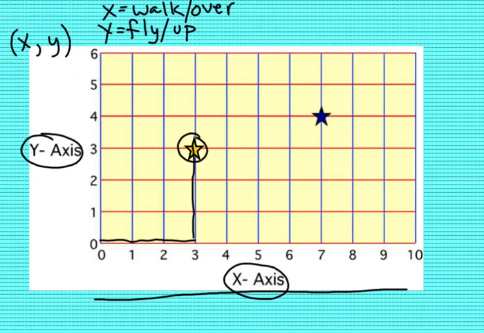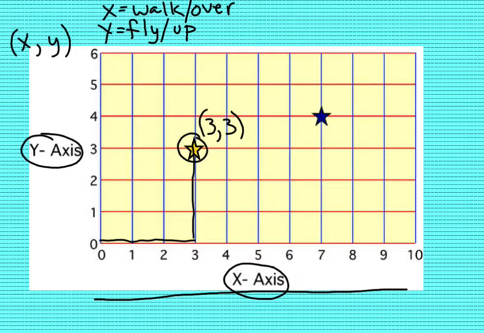So for that first star, we went x-axis 3. We went over 3 first, and then we went up 3. So this is our ordered pair, and it has the x-axis first and the y-axis second.